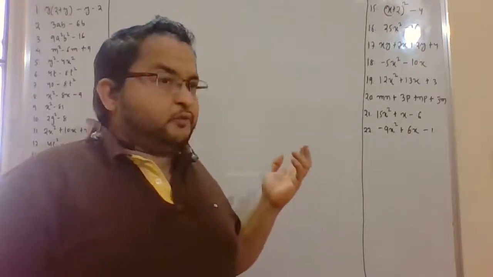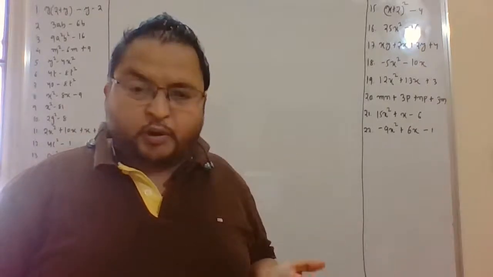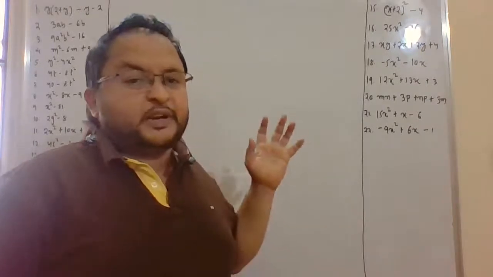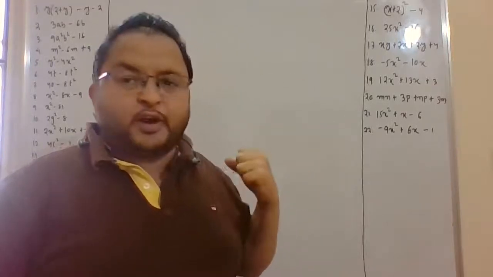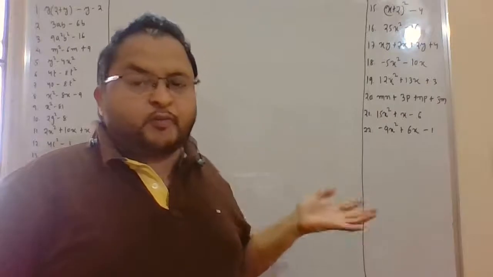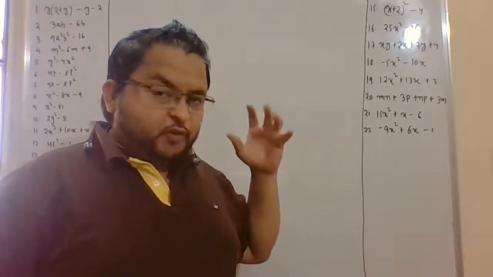Which means there would be no obvious indication which particular form it belongs to. As a student, we have to find out which form of factorization it falls into and how to factorize it. So we would just do that.